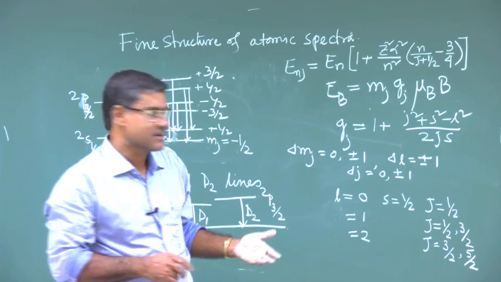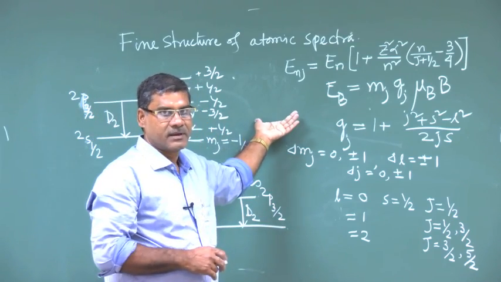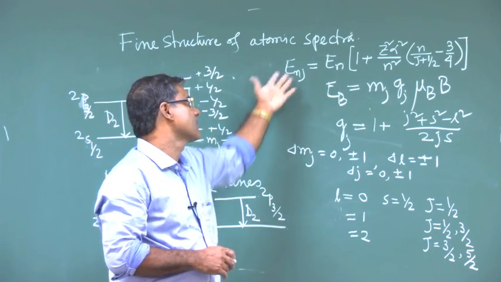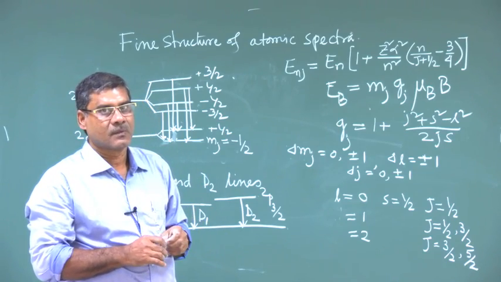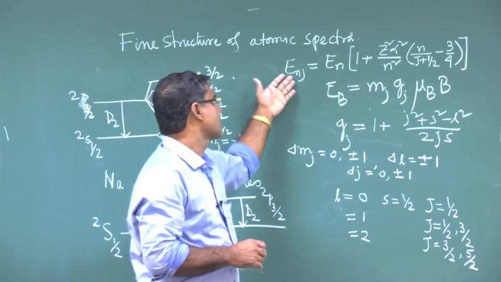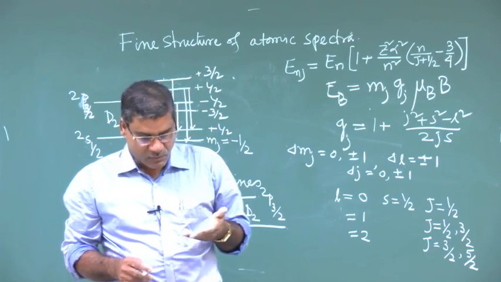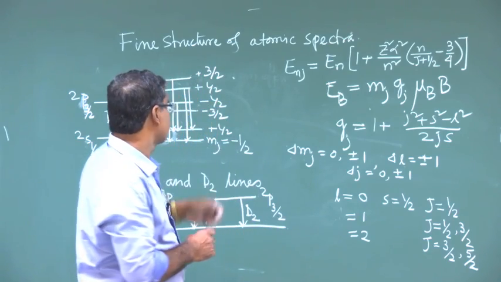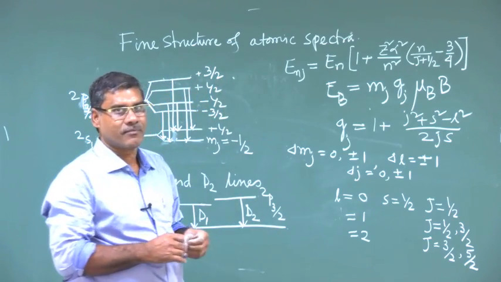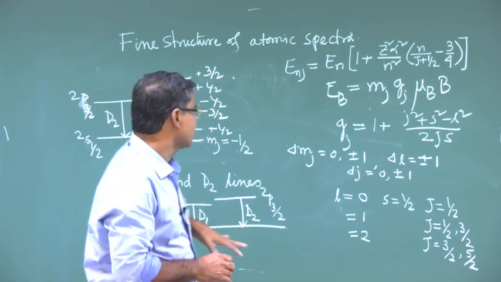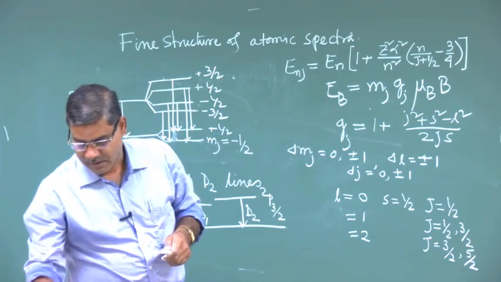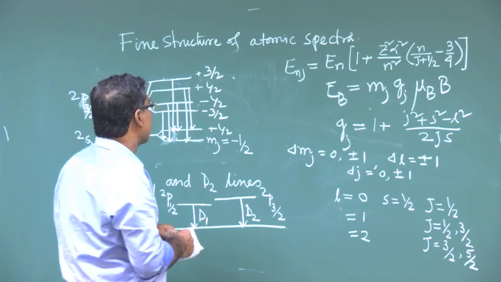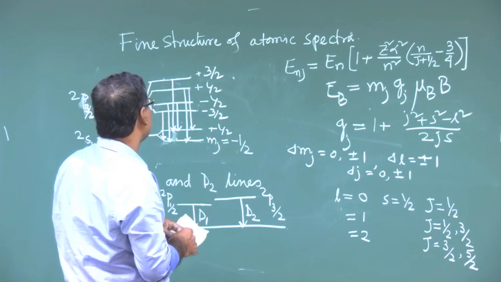In presence of S, it will not affect, because this energy depends on NL and whatever is due to S. So, that will not affect the transition. So, thus this is the complete quantum number so far we have got.